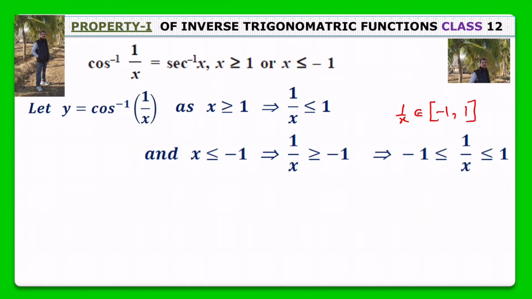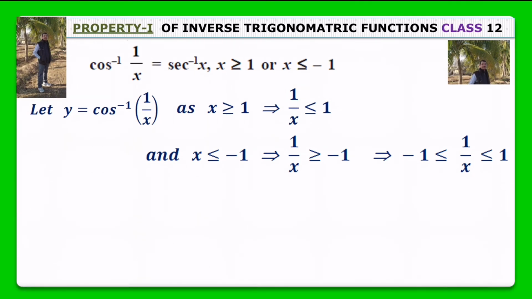Means the value of 1 upon x is an element of the domain of cos inverse. So here we observe that the value of 1 upon x is an element of the domain of cos inverse.